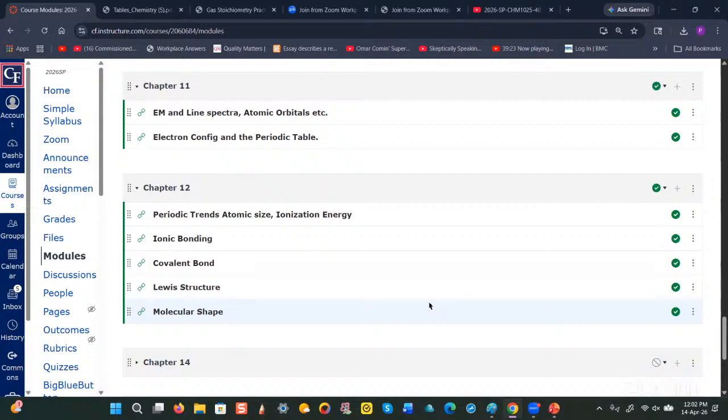So if it were Br, it would be Ar? Exactly. You just go to the very right. It's the group 8 element that comes before the element you're trying to write. Okay, that's easier to understand. Right, exactly.